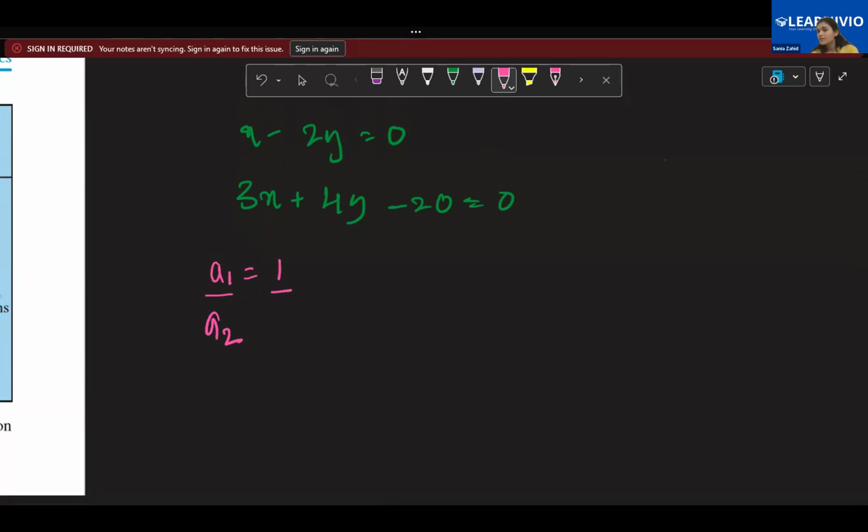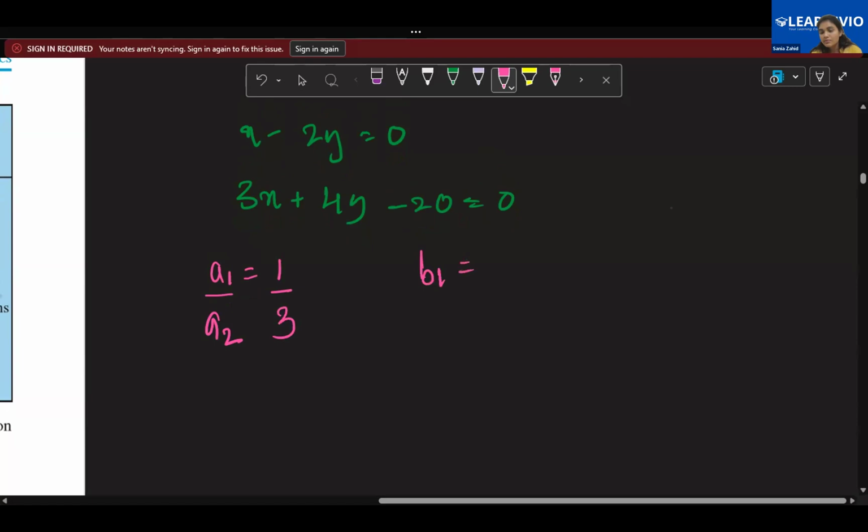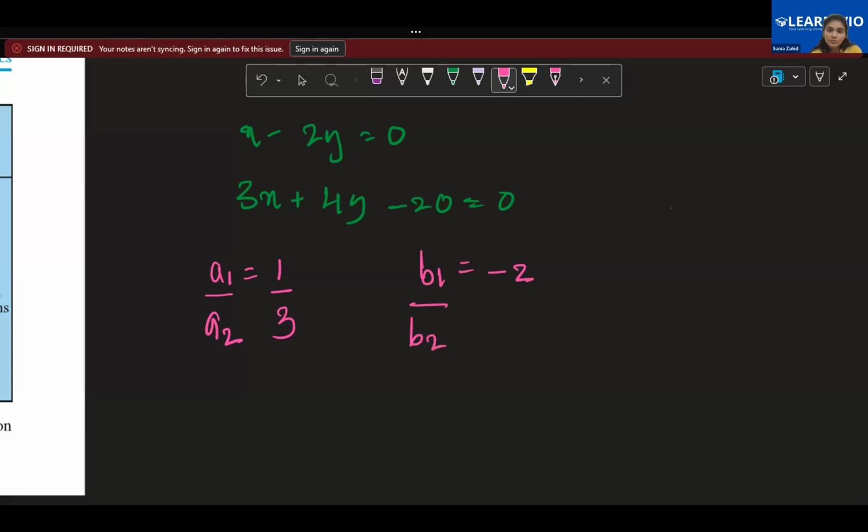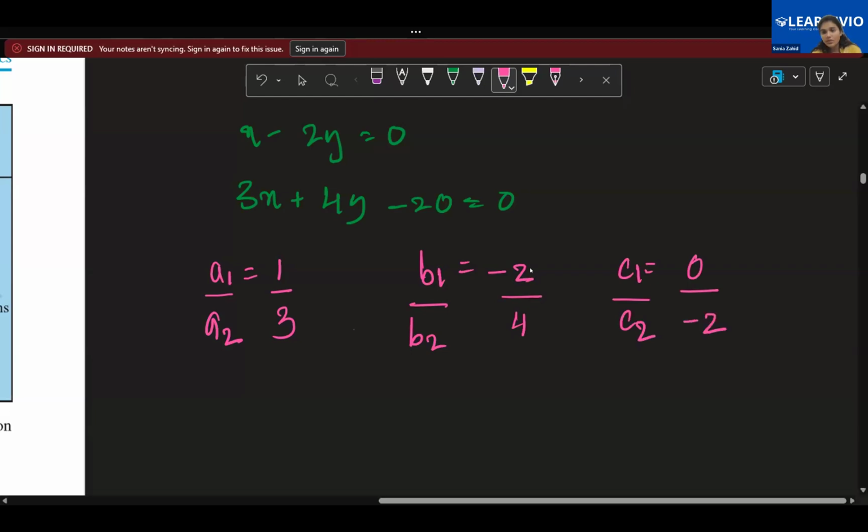A2 is 3. What is B1? Minus 2. And what is B2? Plus 4. Very good. What is C1? 0. There is no C value. What is C2? Minus 20. Very good.